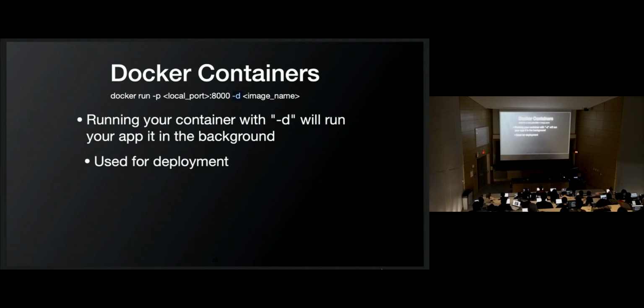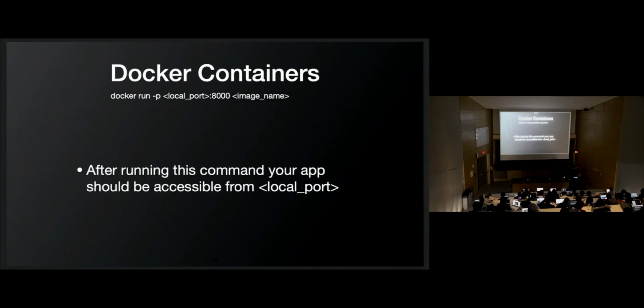We typically won't use that in development because if you don't have the -d, then you actually get to see the output of your program, and you usually want to see all your print statements and stuff when you're debugging your app, when you're still building features. And then once you run this, you should be able to go to your browser, localhost 8080 or whatever you choose for local port, and your app should pop up.